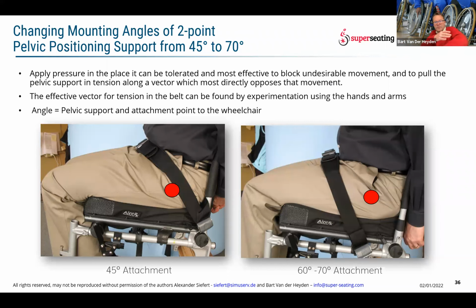The forearms are an extension of that direction of force, so you align your forearm with that force. Then you make a marking on the wheelchair, and that marking will probably be the best attachment point for your pelvic positioning support on the wheelchair.